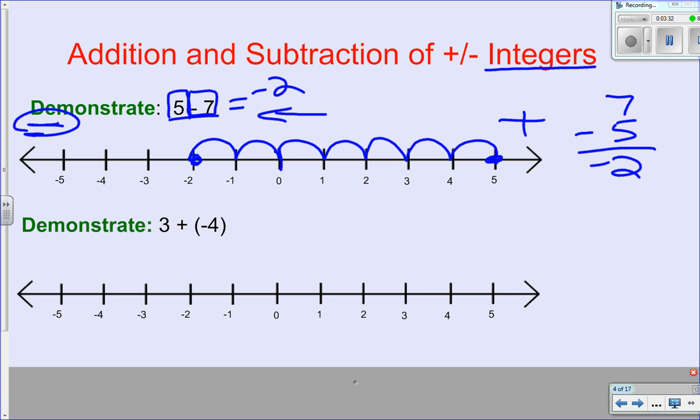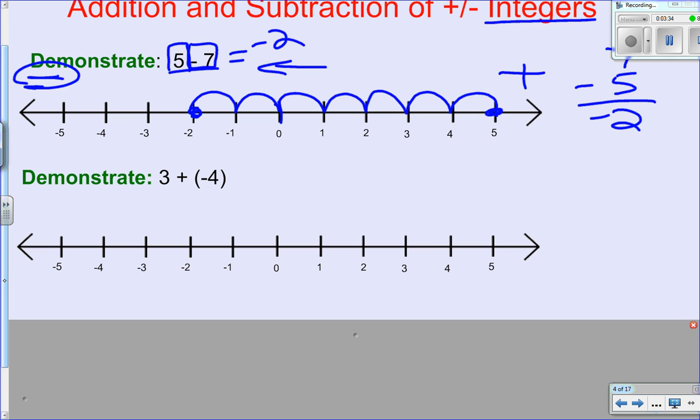The next example is 3 plus a negative 4. The reason I put this example on here is because people often get confused when they see plus a negative because they're not sure if they should move to the plus side of the number line or the minus side. Let me first start by graphing my first number, which is 3. Now, when I plus a negative, the negative is always stronger than the positive when they are next to each other.